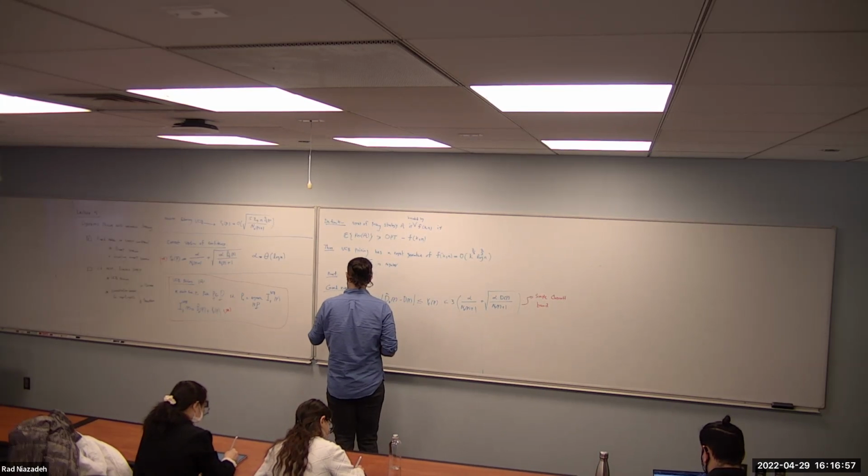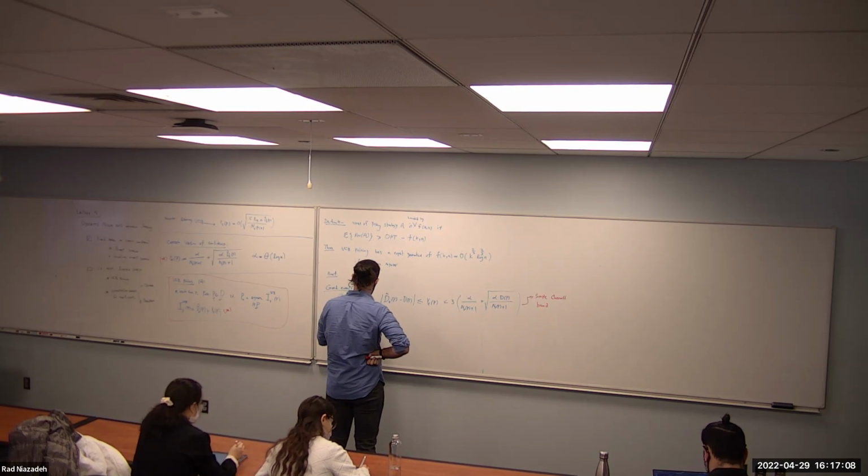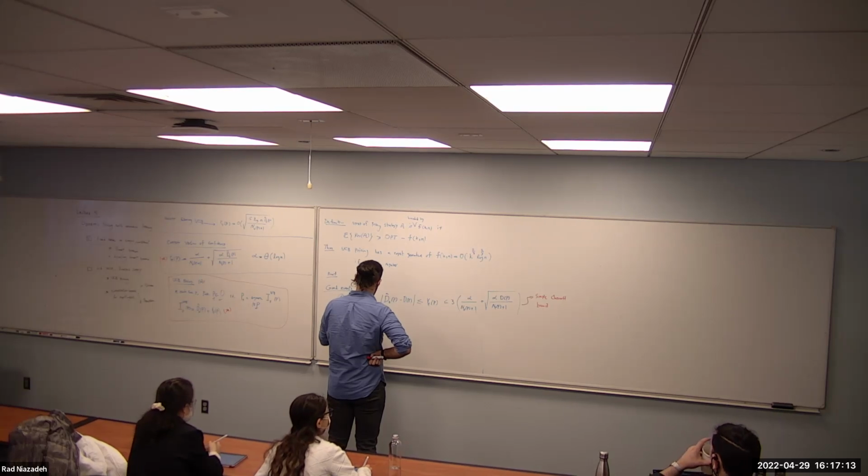Then they need two more things. So the first one is about the number of sales. So you basically make sure that the number of sales that you have minus the demand is small.